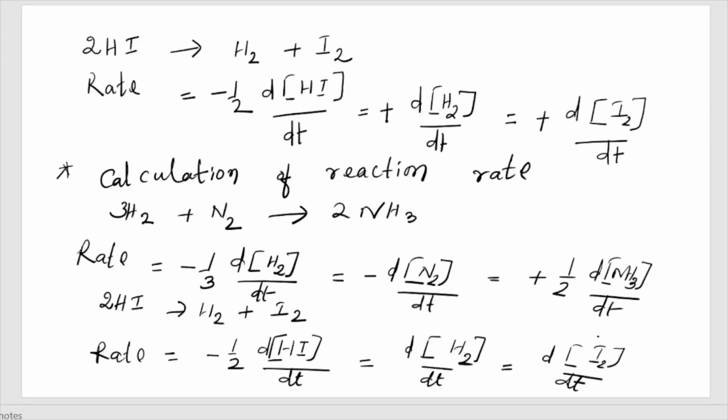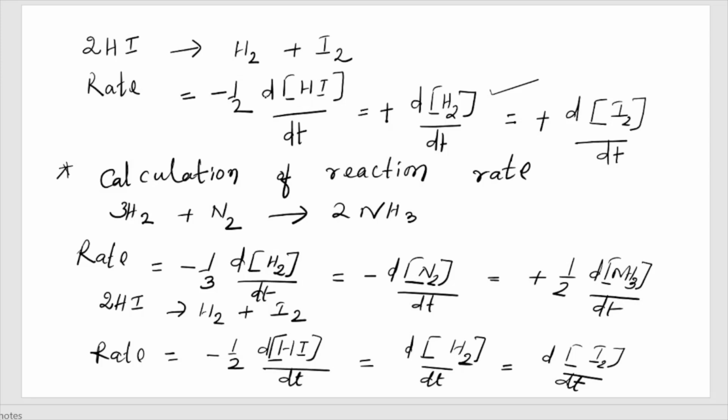Second example, you can see 2HI arrow H2 plus I2. What does it indicate? HI is the reactant and H2 and I2 are the products. For 2HI, what to write? Minus 1 by 2. And for H2, there is no other digit, so simply plus d[H2] by dt, and plus d[I2] by dt.